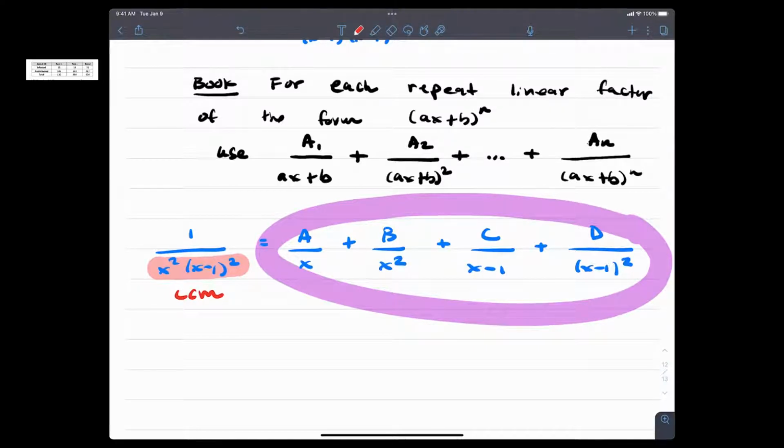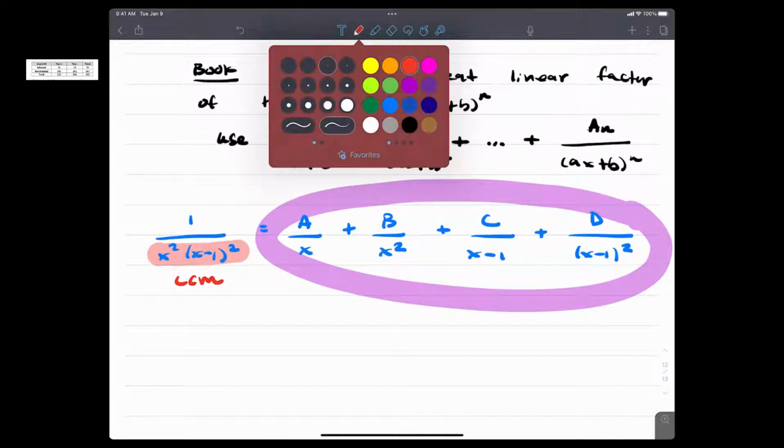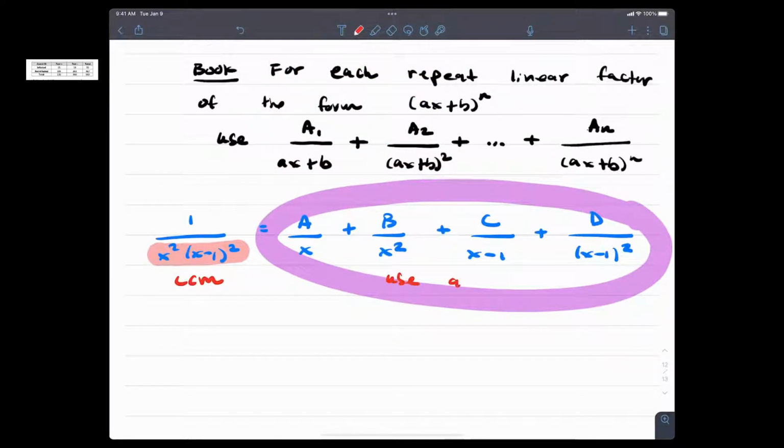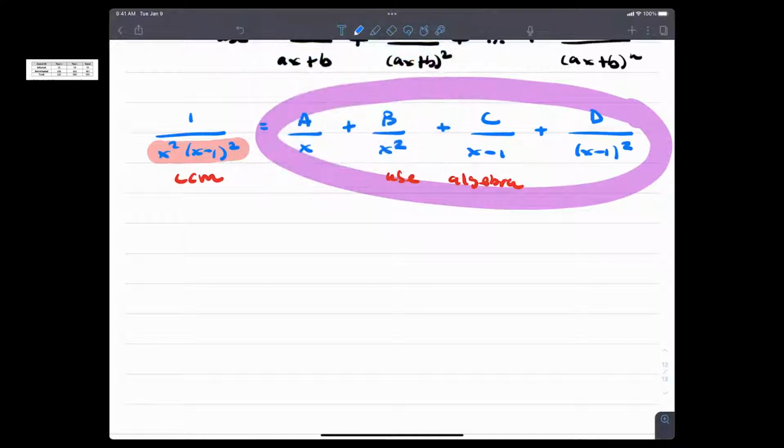Now, your book is going to say something like this. Did anybody read the book and take a look what the book says? Here's what the book says. I told you guys yesterday, use algebra. Because when I took this course years ago, that's what you did. You added these. And this is going to be over, of course, obviously the LCM.